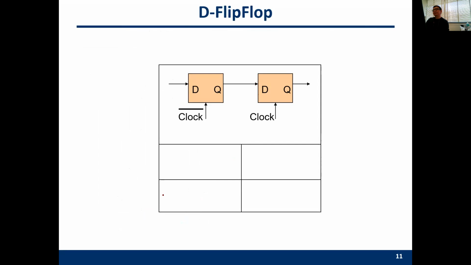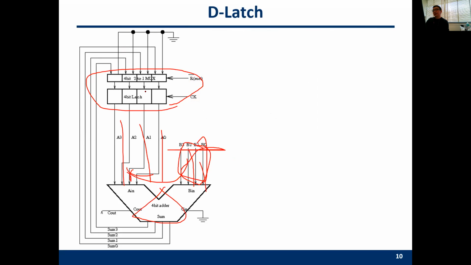Again, when the clock is high, if you have some radiation from outer space, your latch may be accidentally flipped from 0 to 1. Then the result will be wrong.